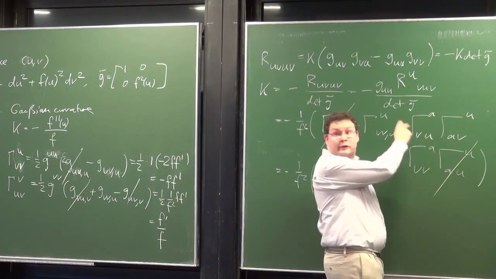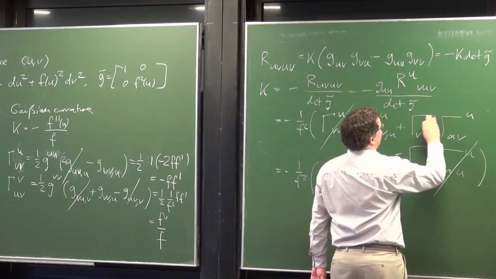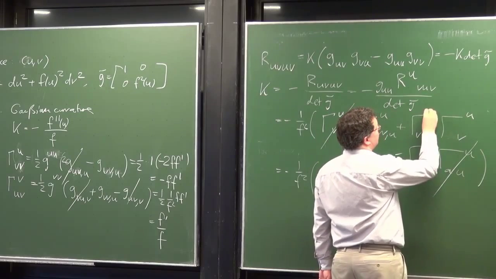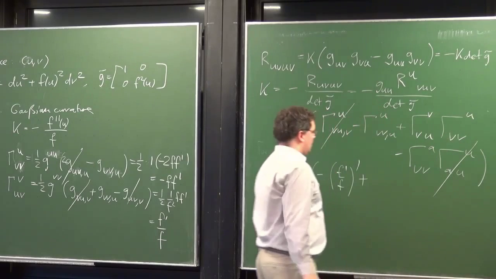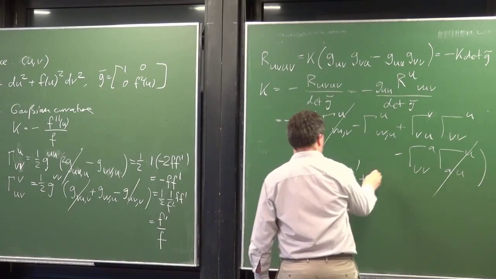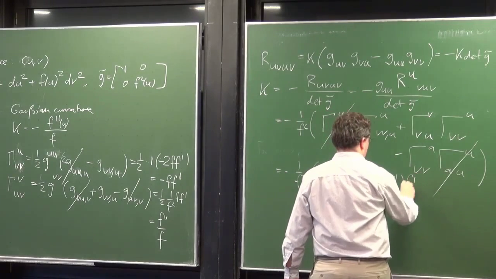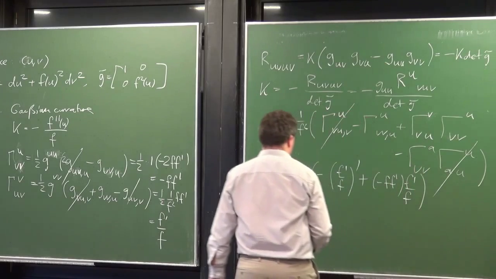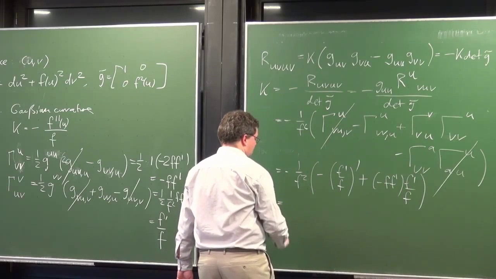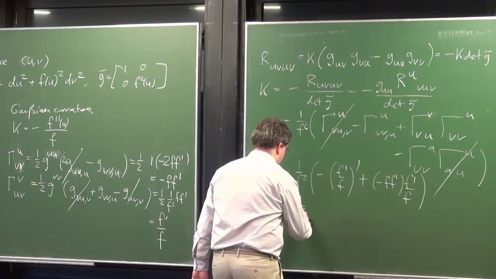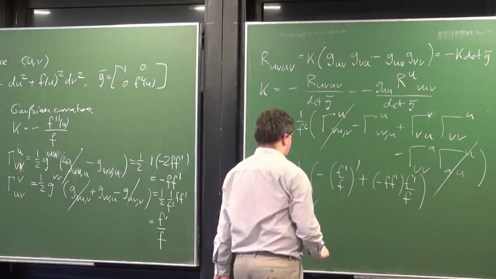So out of this is now an actual sum over A. But the only component that survives from the summation will be that. And this is equal to, well, minus f primed into f primed over f. So let's see, what is this?